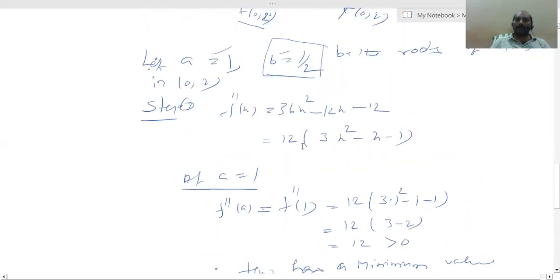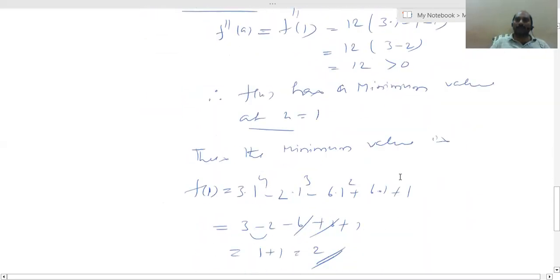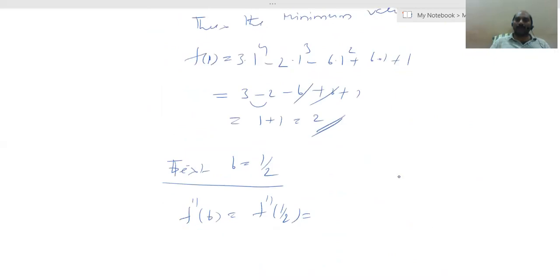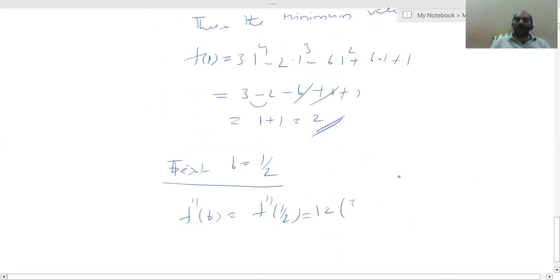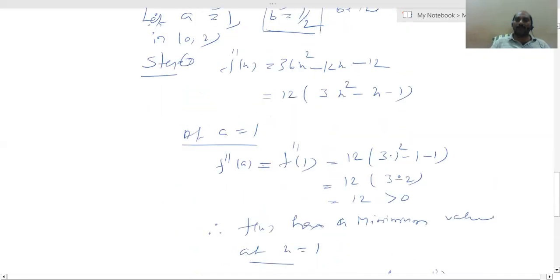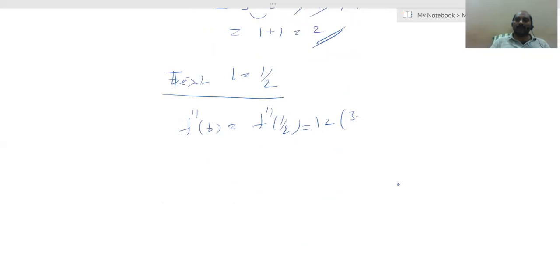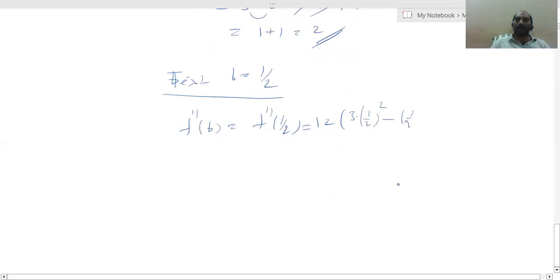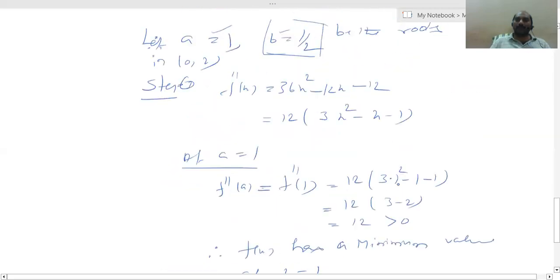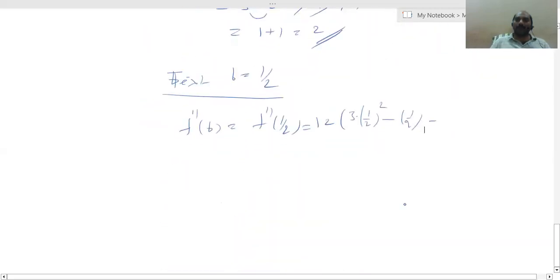F double dash of x is 12 into 3 times x square minus x minus 1. You substitute 1 by 2: 12 into 3 times 1 by 2 whole square minus 1 by 2 minus 1.